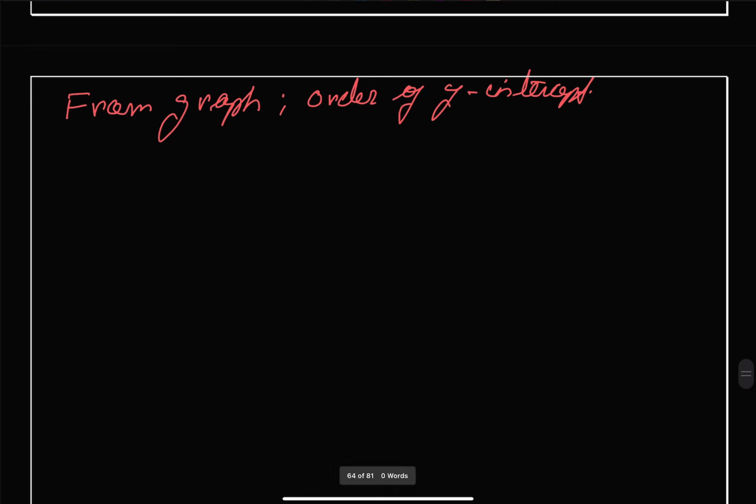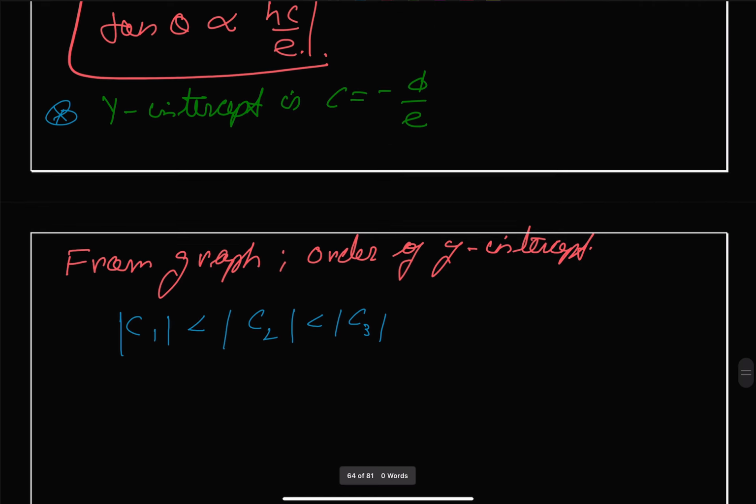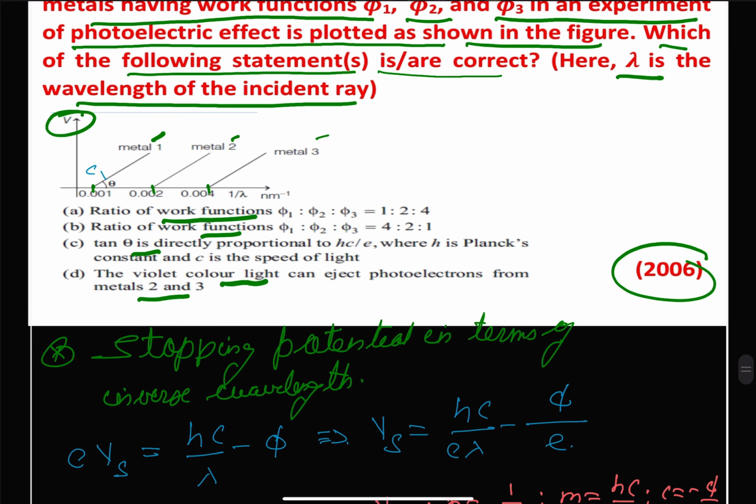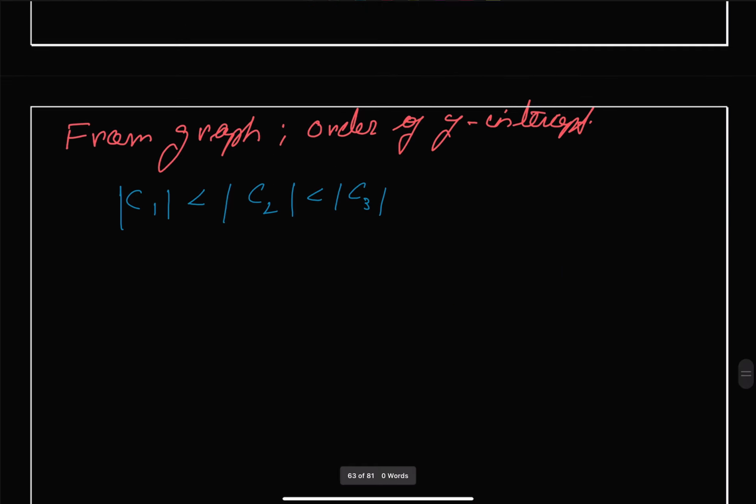We can write this as c1 is less than c2 is less than c3, for metal 1, metal 2 and metal 3. We are going to substitute the corresponding work function.